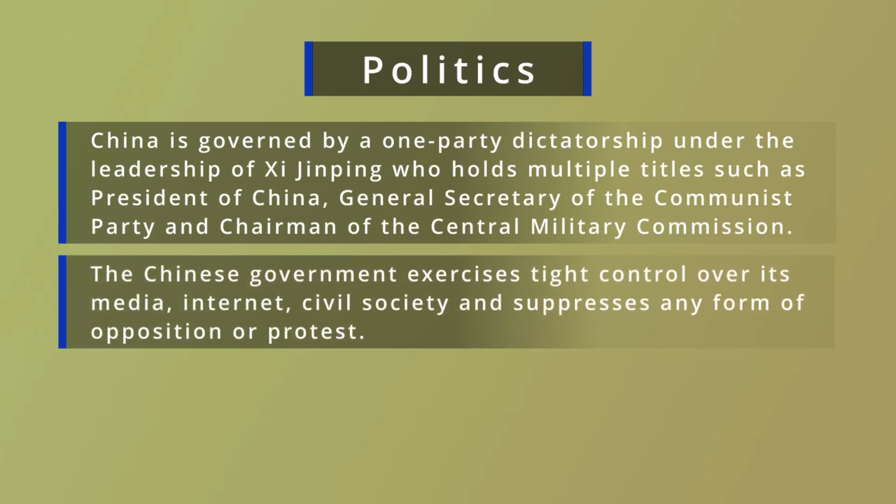Side by side, it is also true that the Chinese government exercises tight control over its media, internet, civil society, and suppresses any form of opposition or protest.